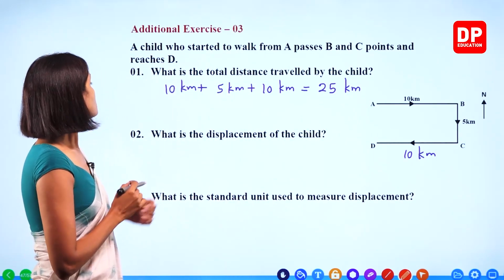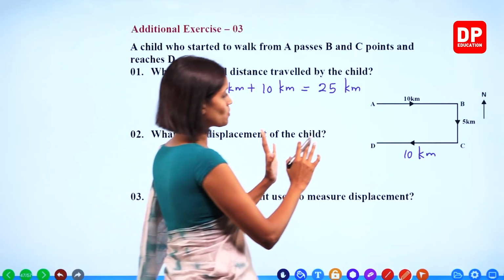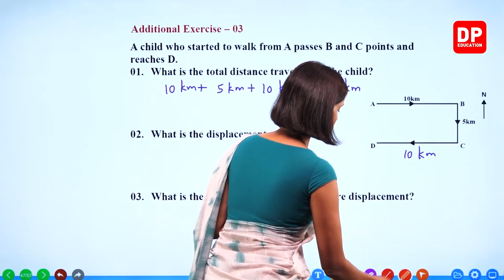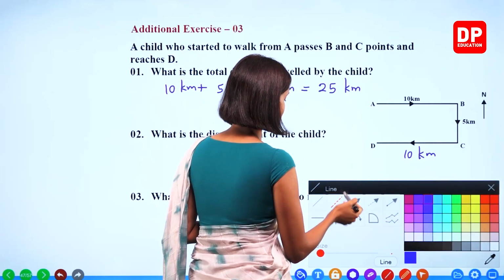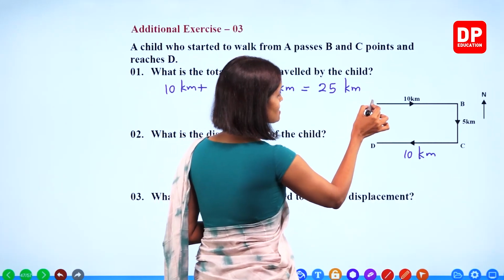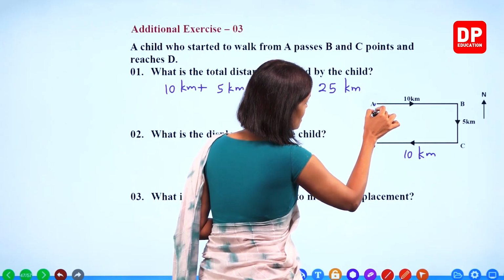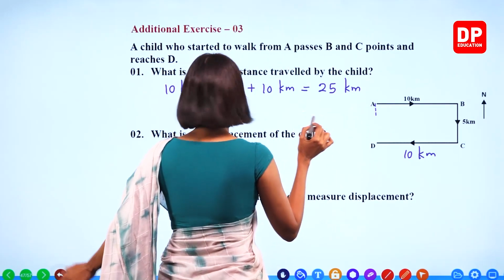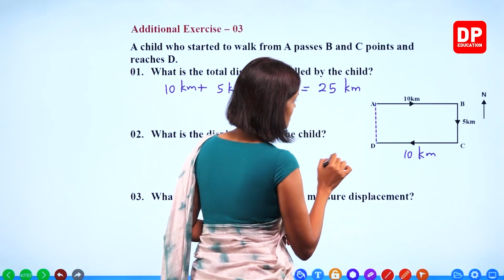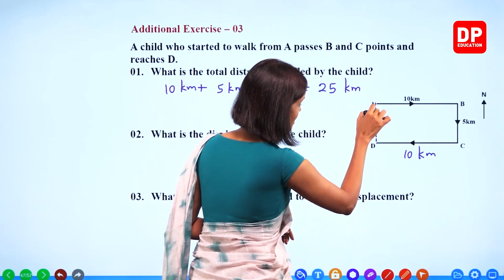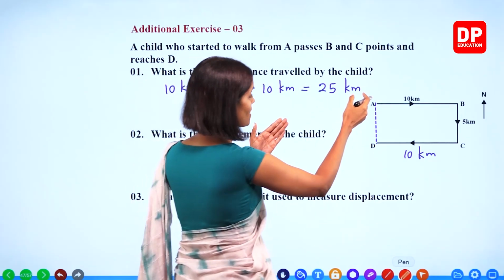Right, children? What is the displacement of the child? Now, when you consider this motion, what is the displacement? This is the start, this is the end. At the end of the motion, the child has moved, right? Finally, this is the linear length. You have to consider the linear length between the start and the end.